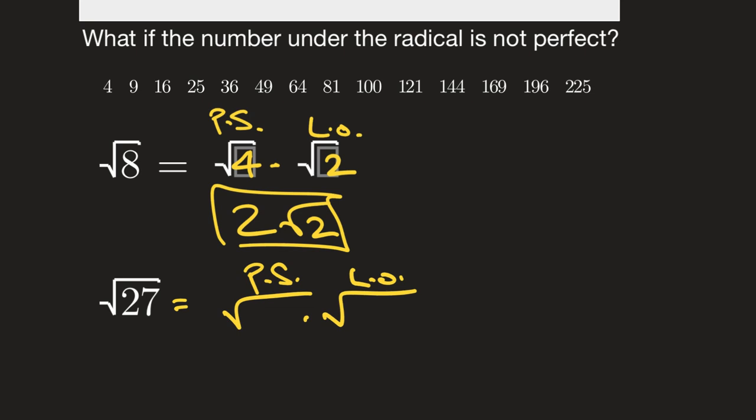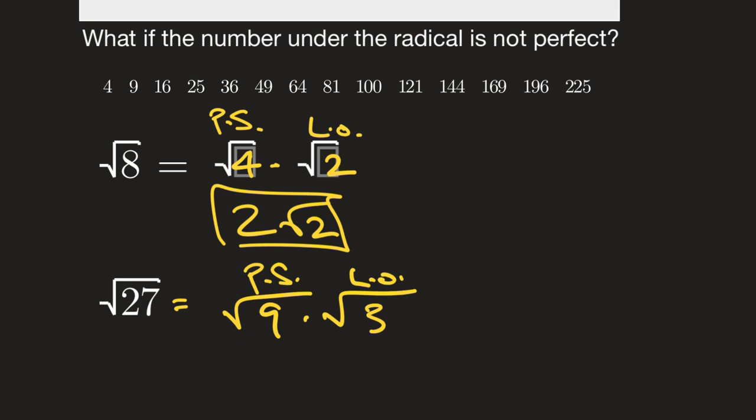What's the largest number on that perfect square number list that will go into 27 evenly? 9. 9 times what? 9 times 3. And that's kind of the nice thing about this, guys. That list actually goes on forever, but really it's a limited amount of numbers.